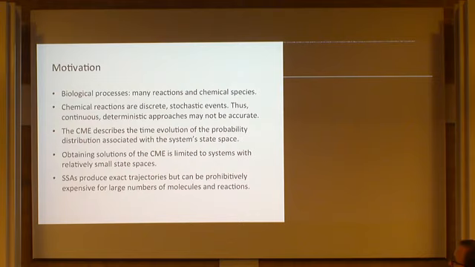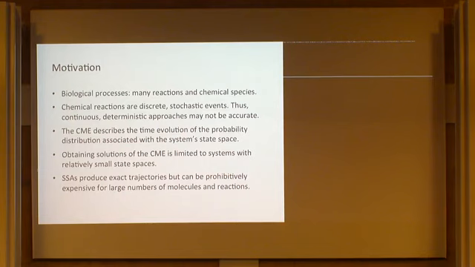Obviously, if we look at the CME, then solving that will be, in most cases, impossible. Of course, we can use stochastic simulation algorithms, but even those can be prohibitively expensive for large numbers of molecules and reactions.